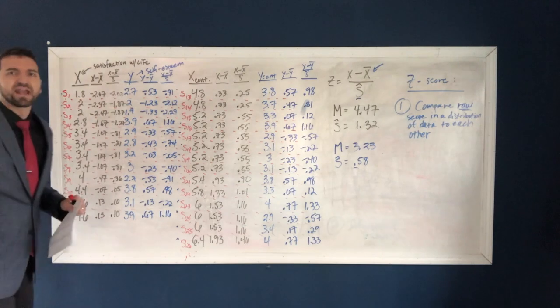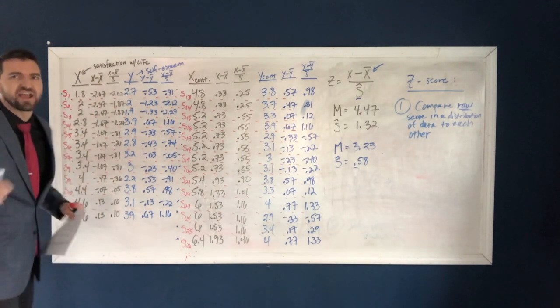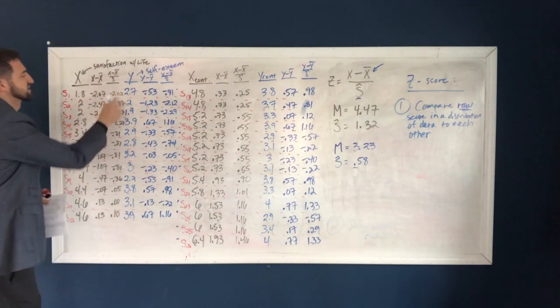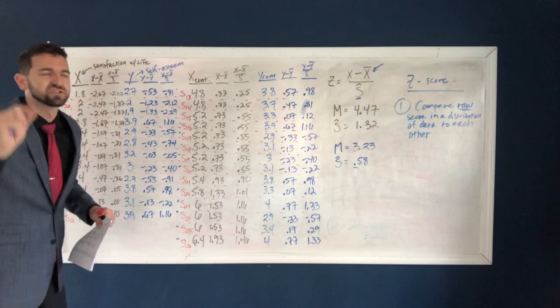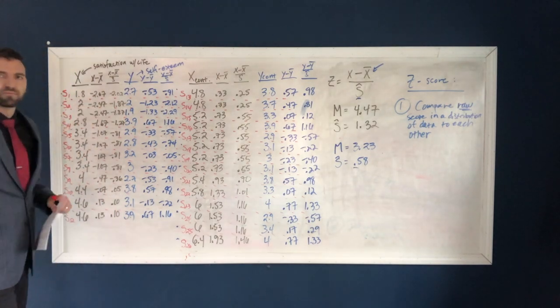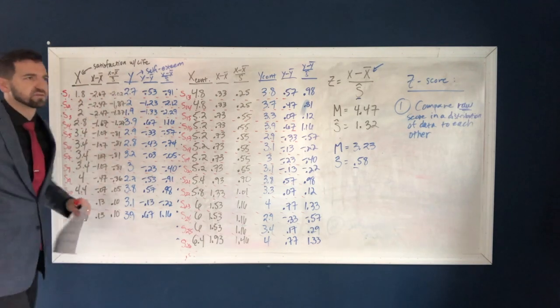Okay, so subject 1 has a raw score of satisfaction with life of 1.8, and the corresponding z-score is a negative 2.02. So what is that telling you when we compare this z-score to the other z-scores?